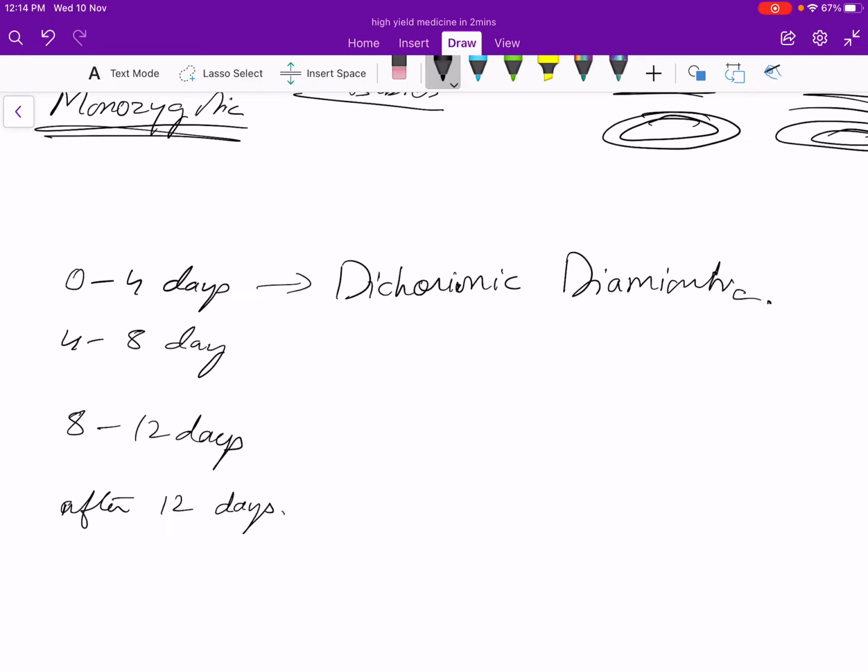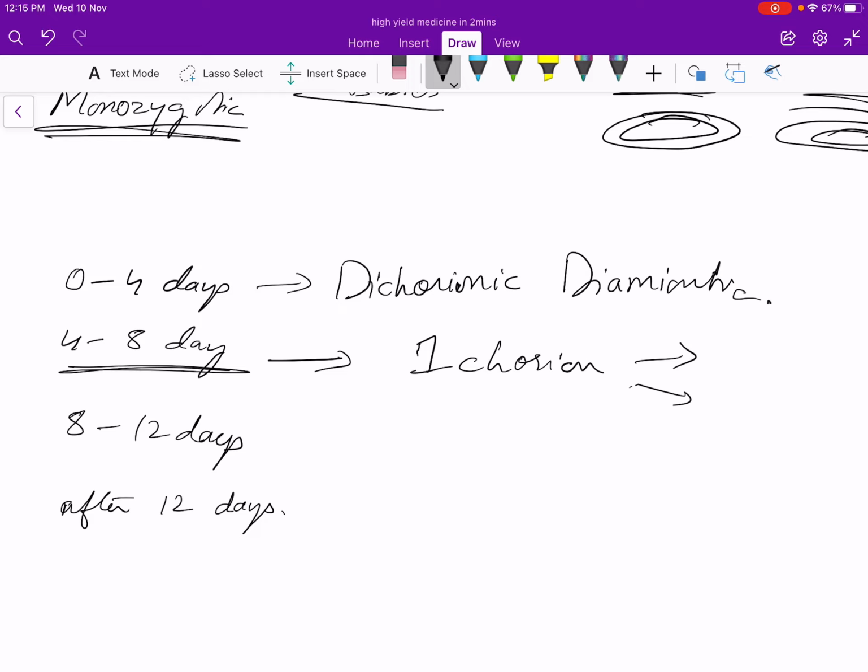If the division fails to occur in the first 4 days and occurs a bit later, at 4 to 8 days, it gives rise to a single chorion but two different amnions.